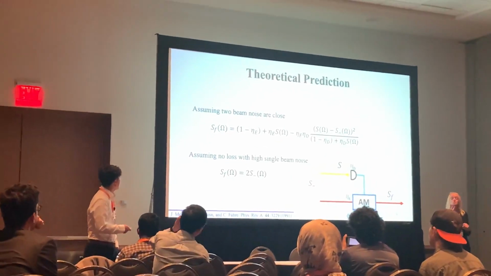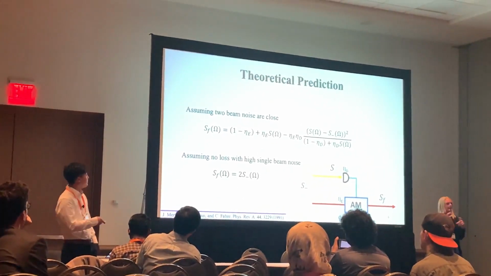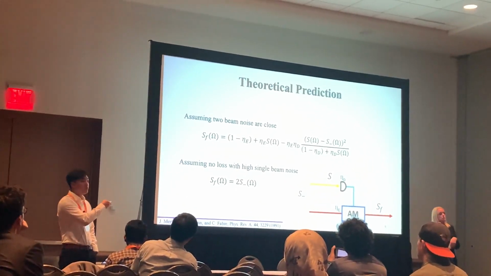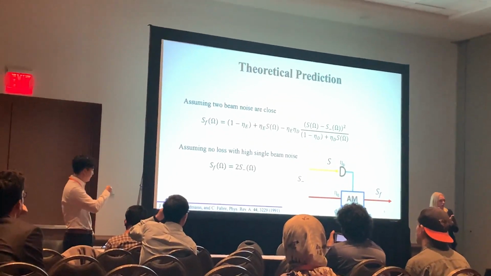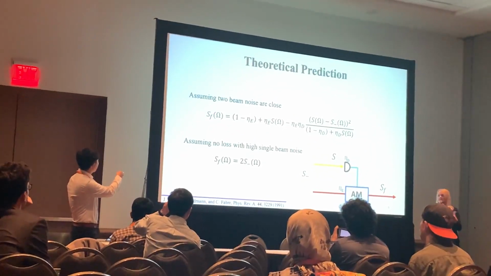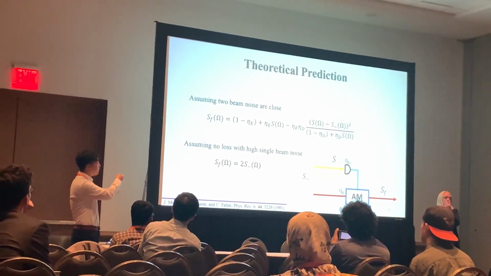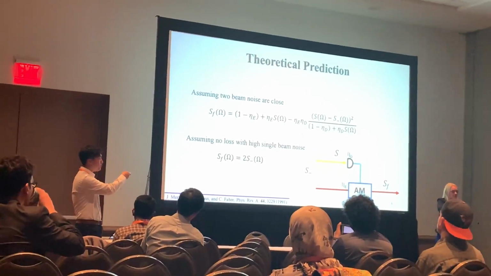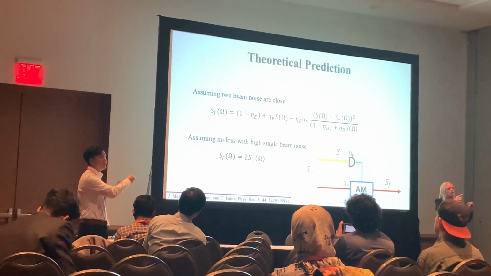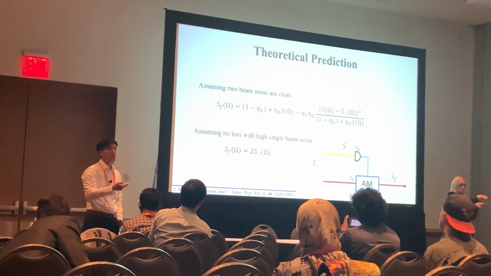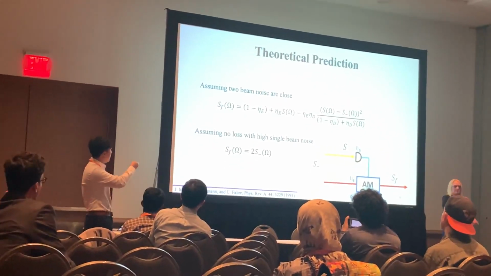We can calculate what we are expecting. All the noise spectra are normalized to their shot noise. Here S is the noise after the feedforward, S is the single-beam noise of the probe, and S minus is the intensity-difference noise, so the noise from the two-mode squeezed state.